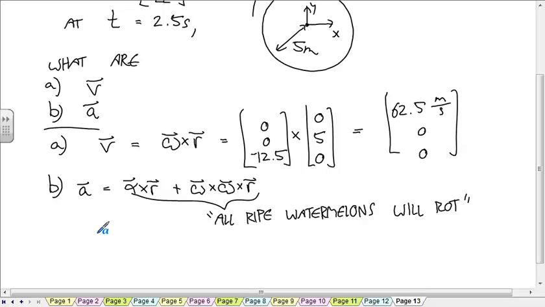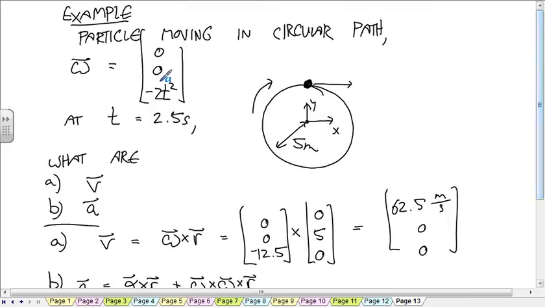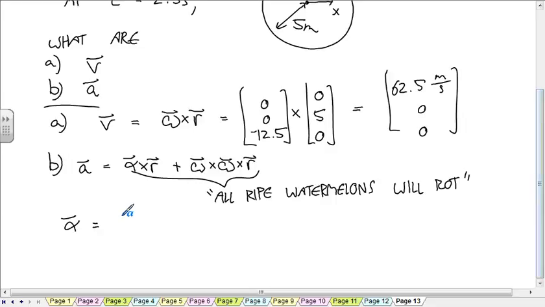Okay, so how do we come up with the angular acceleration? Take the derivative of this, so it's going to be 0, 0, negative 4t. And then plug in 2.5 seconds for t.